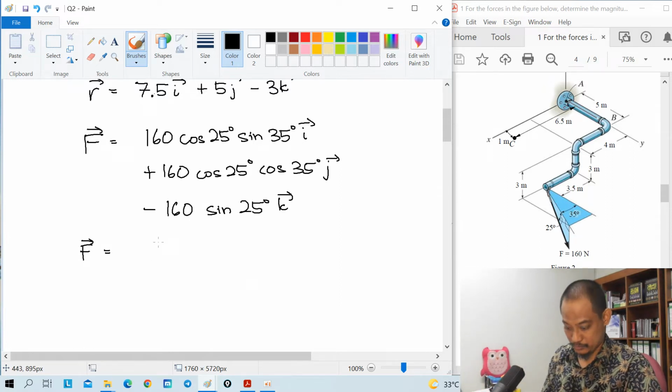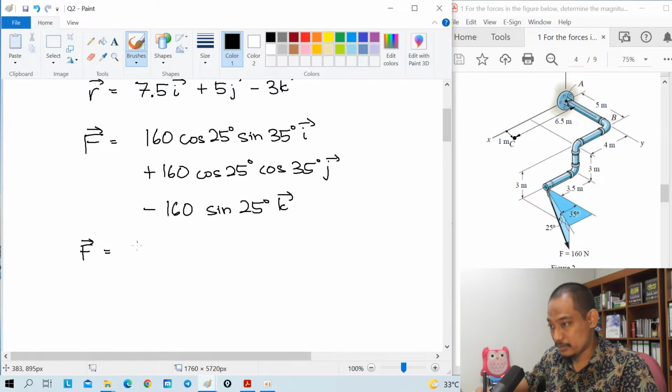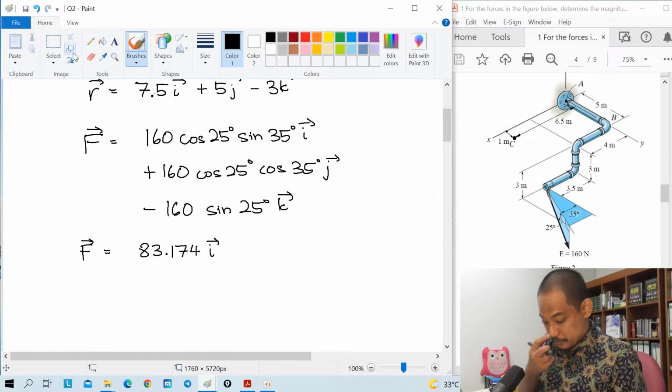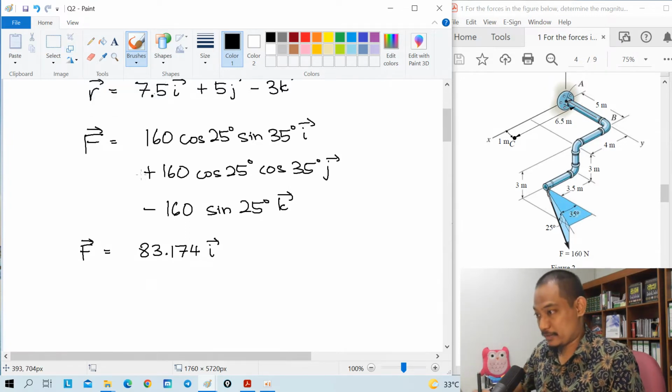So 160 times cos 25 times sine 35 is 83.174 i. Double check, 160 times cos 25 times sine 35, 83.174.